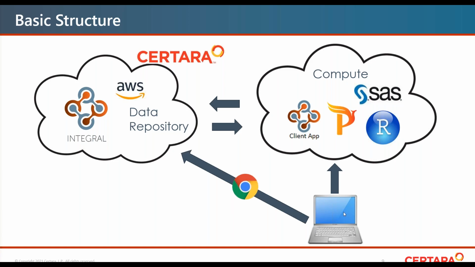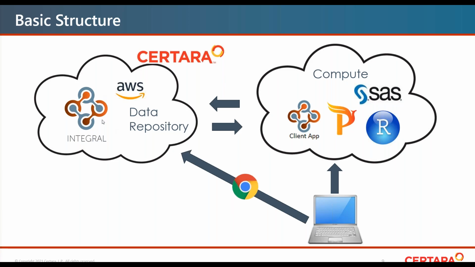And then a user could install the Integral plugin for Phoenix to mediate the transfer of information between our Amazon Web Service cloud and the computing environment that they're using. So the Integral plugin will allow you to access Integral through Phoenix. As you can see here, you can use Phoenix, and through Phoenix you can access the Integral data repository.